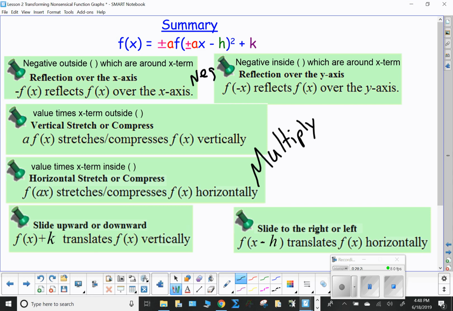And then this is where we add or subtract. This is when we slide or move left, right, or up, down. So there's only 3 things: a negative, multiplication, adding or subtracting. Compounded by, is it inside or outside? Okay? That's transformations. This carries through the whole rest of the year.